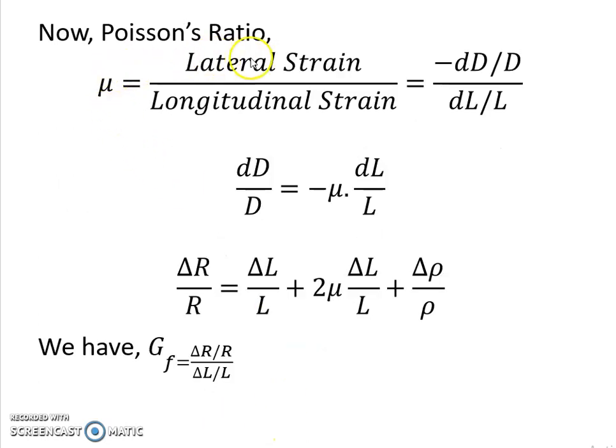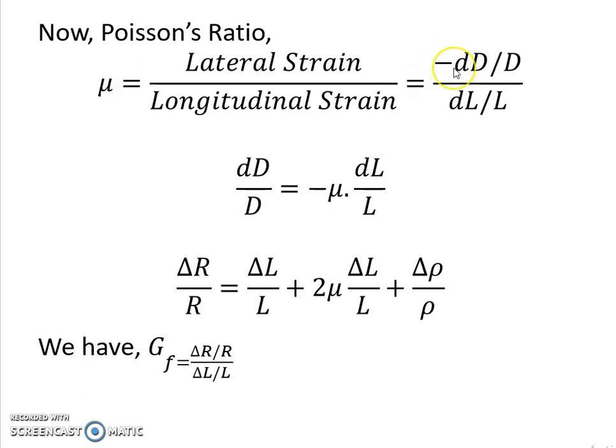Now Poisson's ratio is given by the equation, mu is equal to lateral strain divided by longitudinal strain. In the case of a resistance wire, the lateral strain decreases when positive strain is applied, when the conductor is stretched.